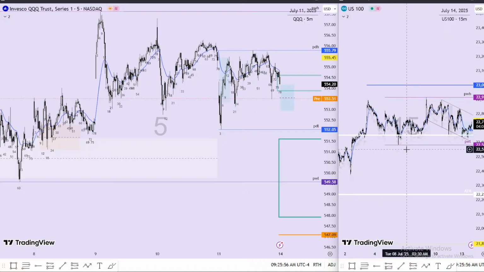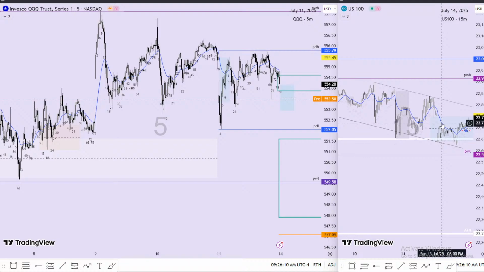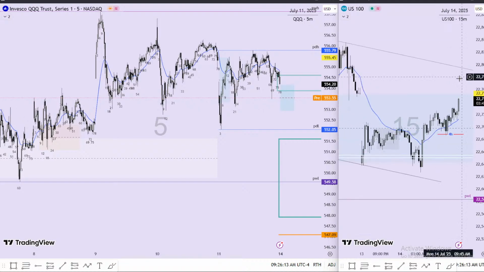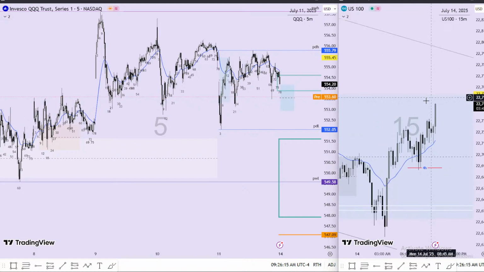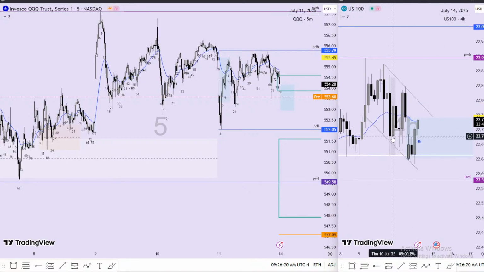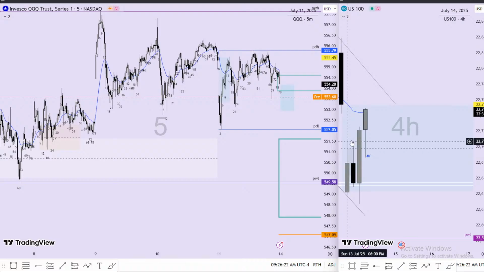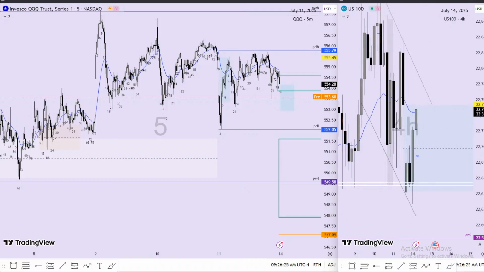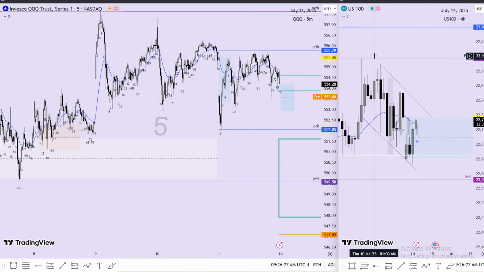8th July, 9:30. But as of now, on the 4 hours, the market is more bullish than it's bearish, but it's in an overall trading range and a downward sloping channel.